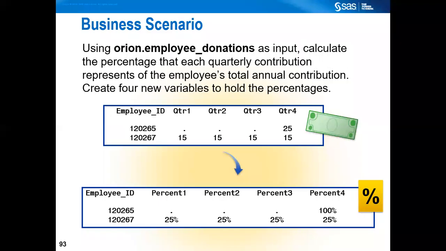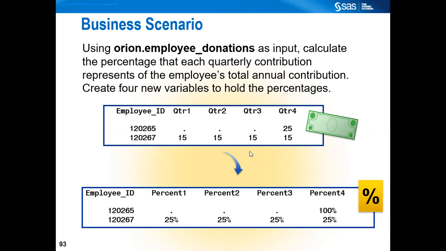All right. So if we see this slide now we'll understand how one can create new variables using arrays. Look at this business scenario. The screenshots show data for employees contributing donations in various quarters.